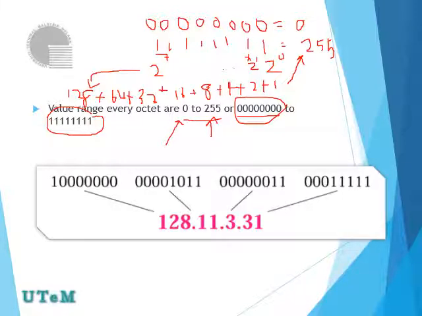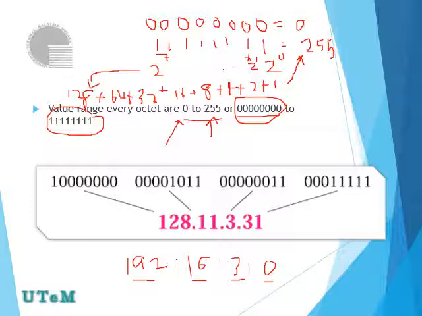So if you have an address that is given like this, 192.16.3.0. Is this a valid IP address? You need to check whether each decimal is within the range 0 to 255.